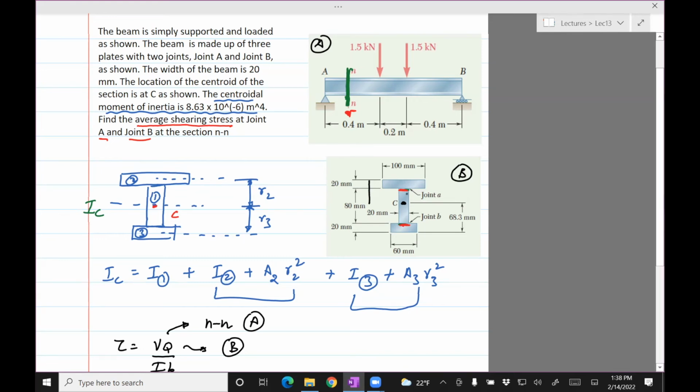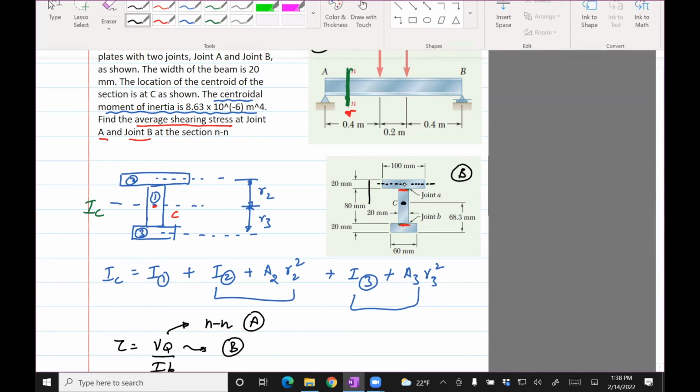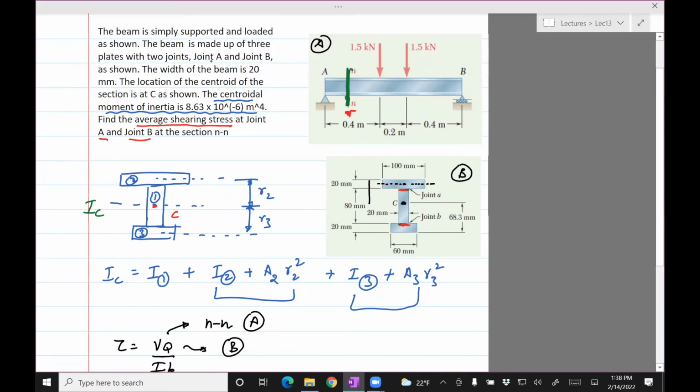So we need to find the distance of C from the center of the top piece. This distance. We can see that this is 10, and then we only need to find this distance.